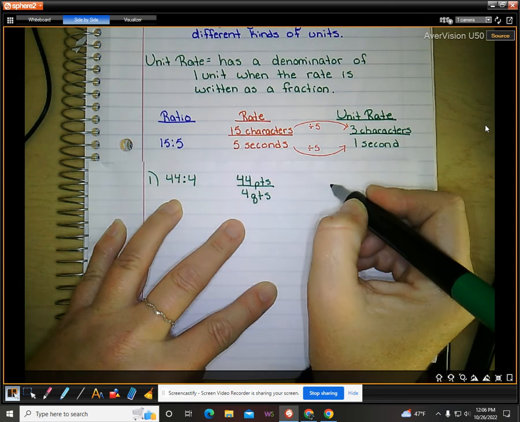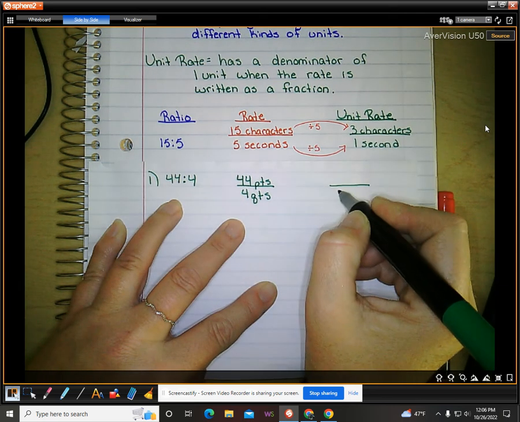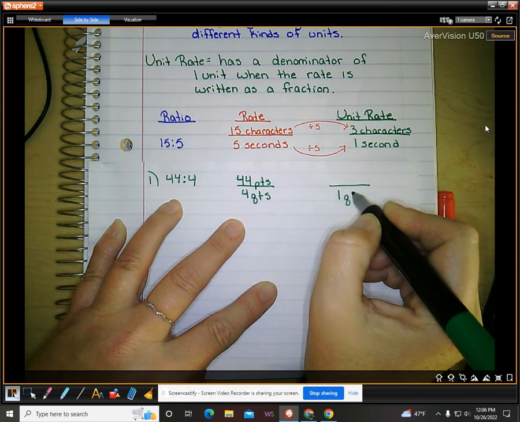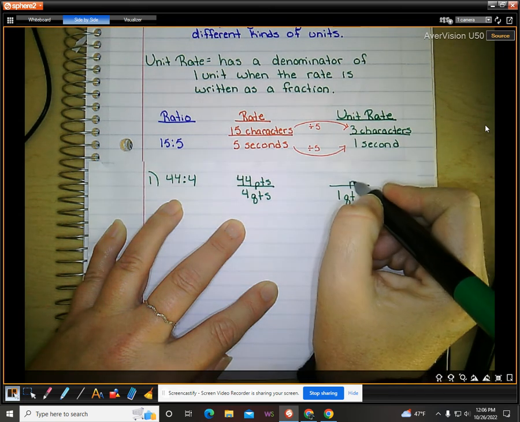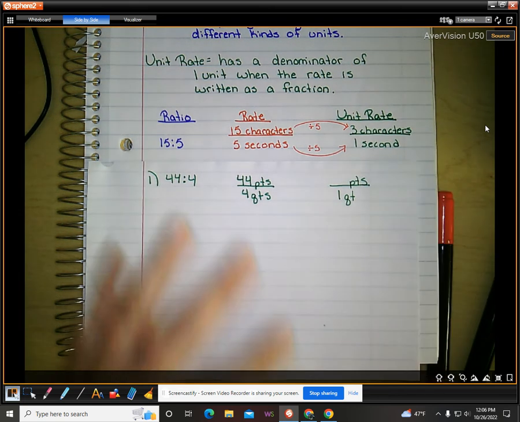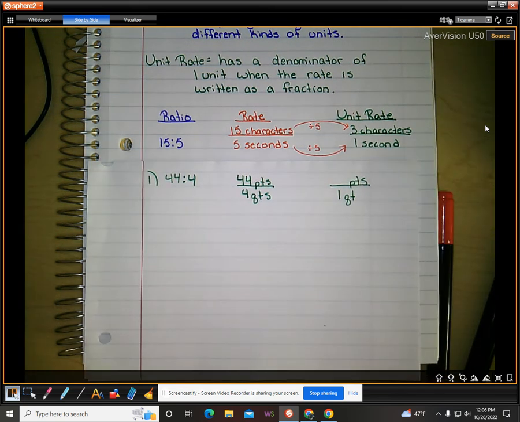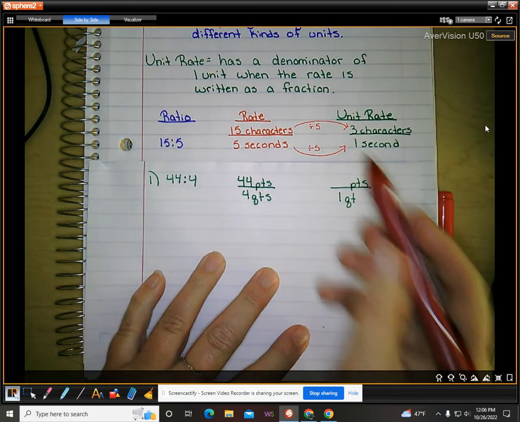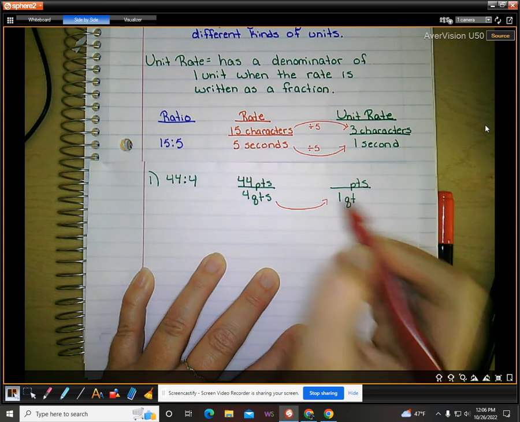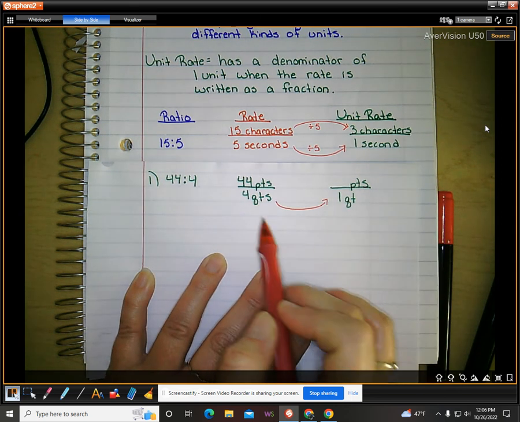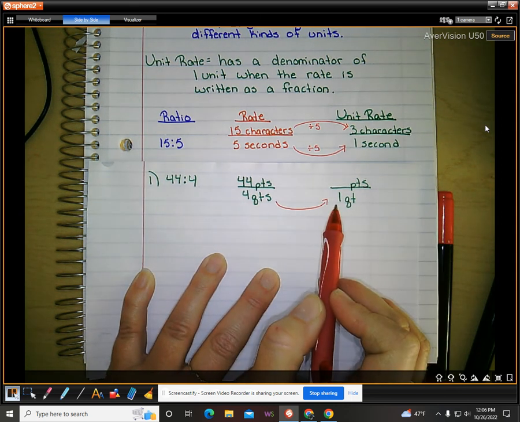Then, to change it to a unit rate, that means my denominator needs to be 1. So now I have 1 quarter. I have to figure out how many points they would have scored in 1 quarter. So what do I do to 4 to turn it into 1?